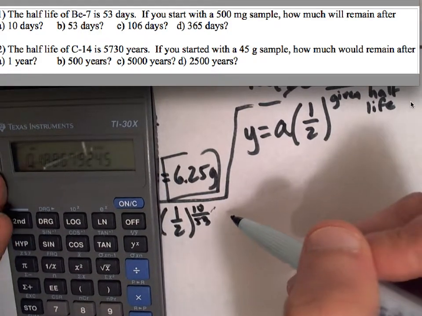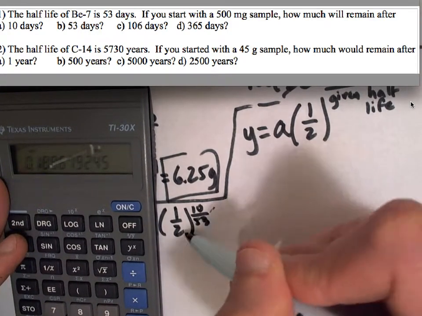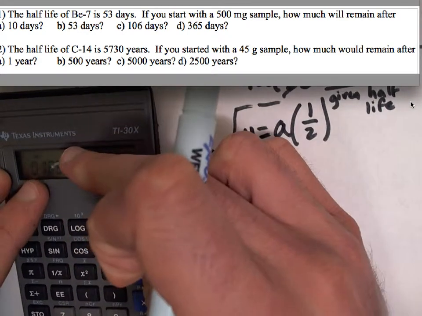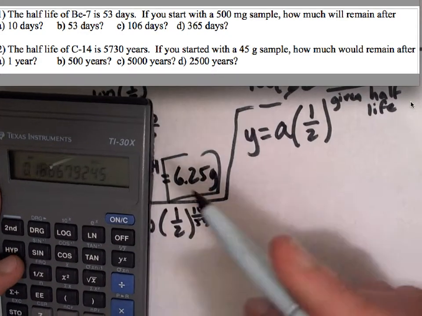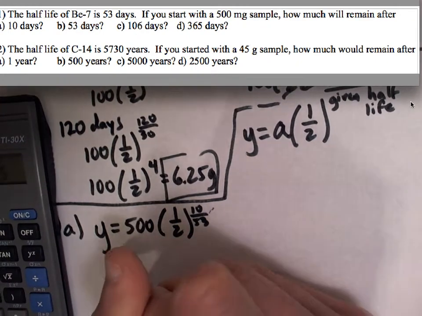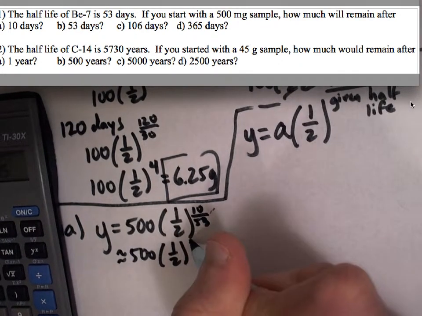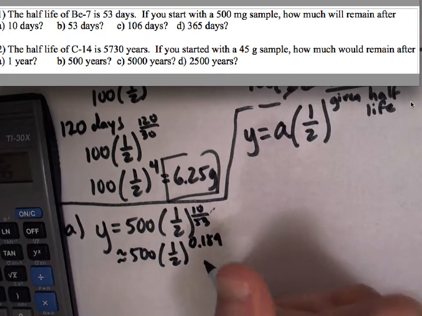And we're going to now take 0.5, 1 half, to that power. So I'm just going to round this to 0.189. So approximately 500 times 1 half to the 0.189.